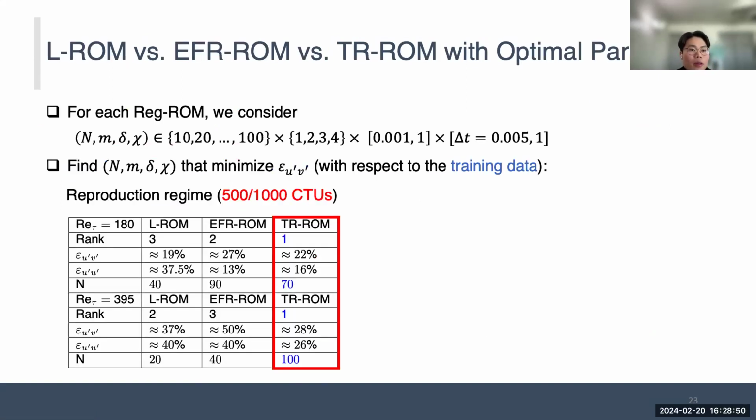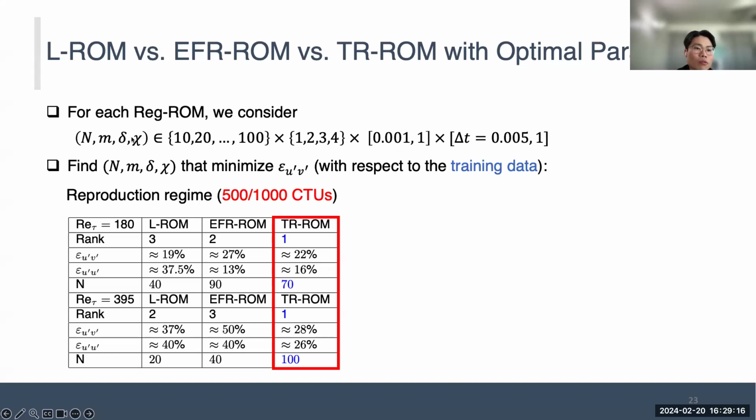With this new training window, we compared the 3 RAG-ROMs with the optimal parameters. For each RAG-ROM, we considered a quite big parameter space, where the number of modes is from 10 to 100, the filter order is from 1 to 4, and the filter radius is from 0.01 to 1.